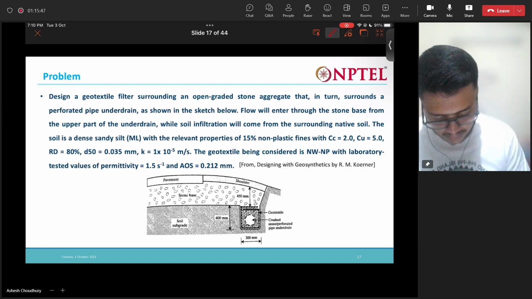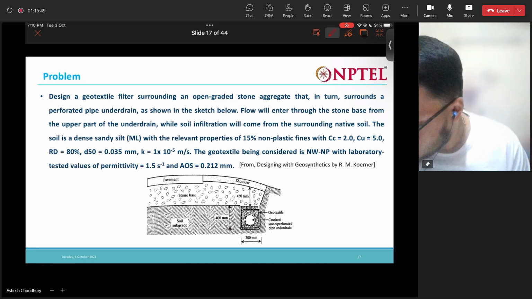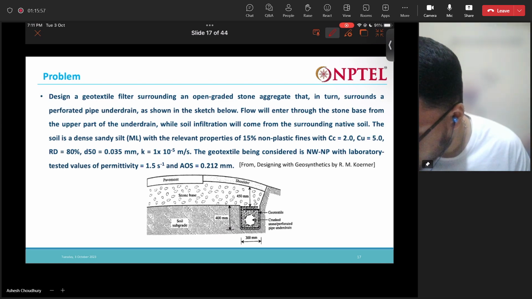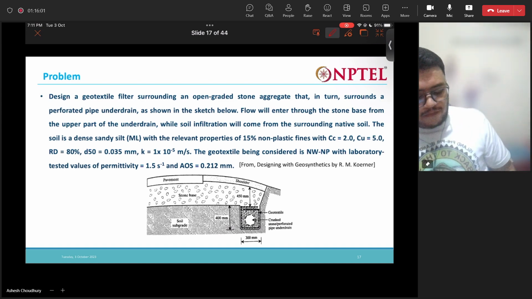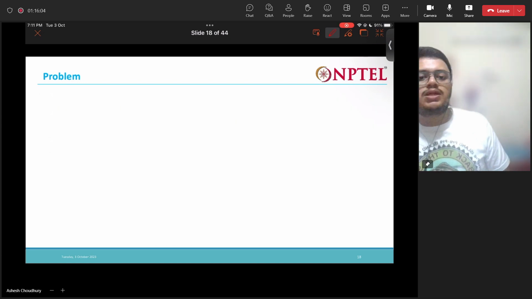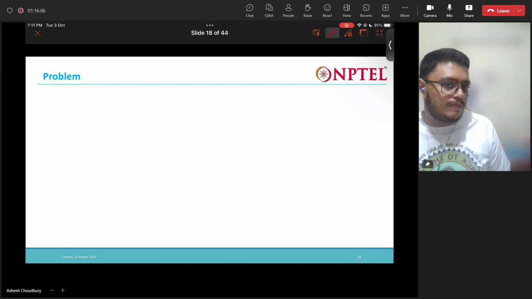Again, we will calculate this similarly. For these types of problems, the first thing that we need to choose is the amount of flow that might be taking place.